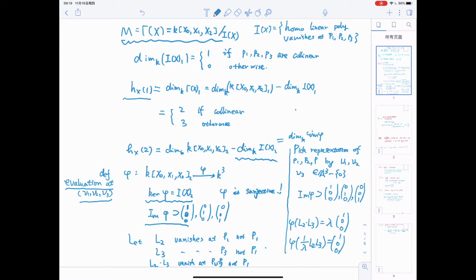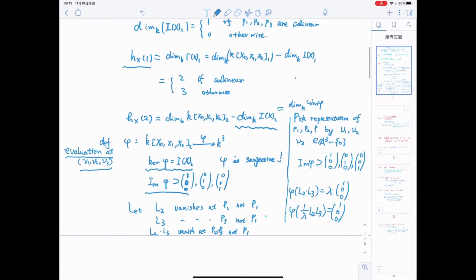Then L2 times L3 vanishes at P2, P3 but not at P1. Then phi of L2 times L3 is a multiple of the vector (1, 0, 0). So (1, 0, 0) is in the image of phi.